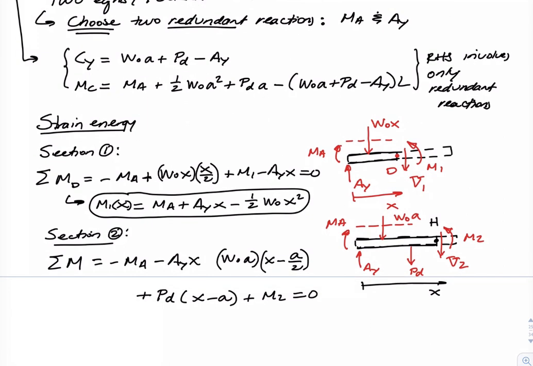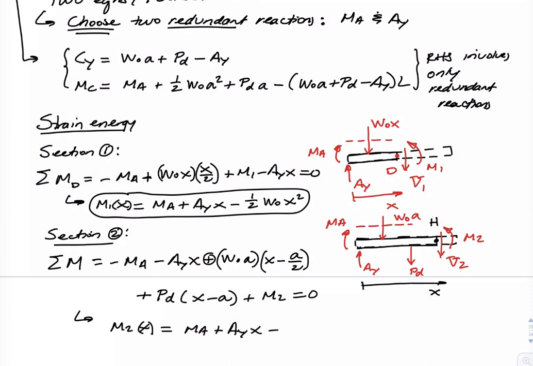And so therefore from here I see that my bending moment over section 2 is equal to MA plus AYX. This should have a plus sign here.